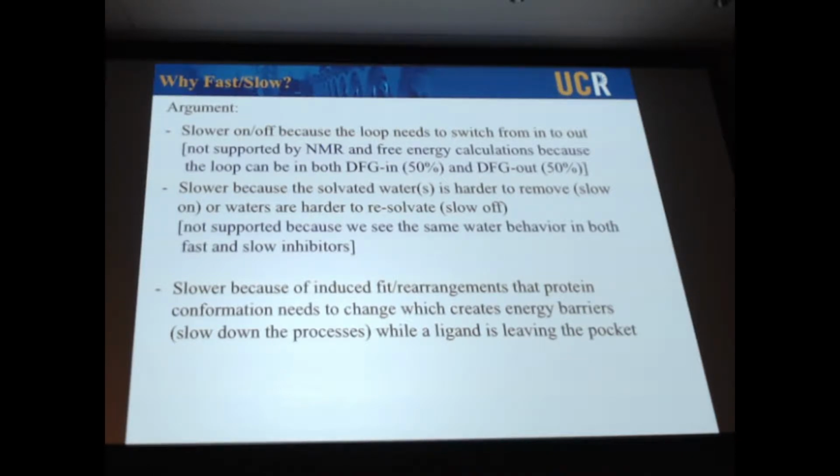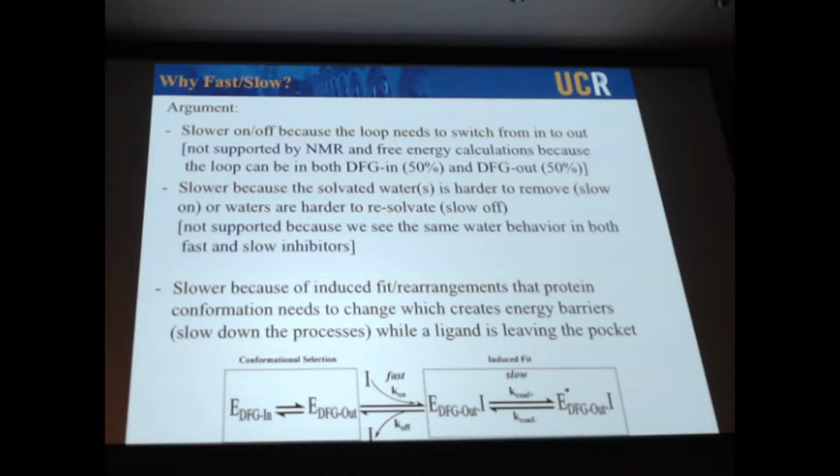Okay. And so this is not supported. The only thing that we suspect makes it slower is that something is happening during the binding process, not in the final bound state. So people call this induced fit, or maybe you can say this is some rearrangement during the process.